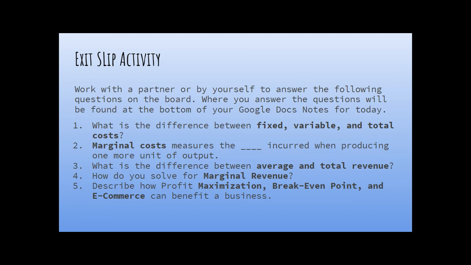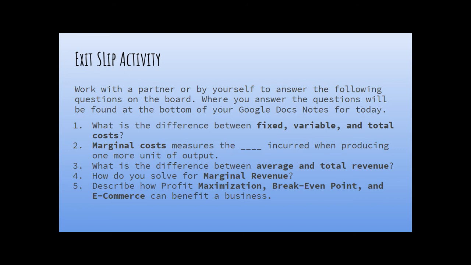So question 1 is, what is the difference between fixed, variable, and total cost? Question 2 is, and you just write your answers on the dot button. You don't have to recopy the questions. 2 is marginal cost measures the blank incurred when producing one more unit of output.